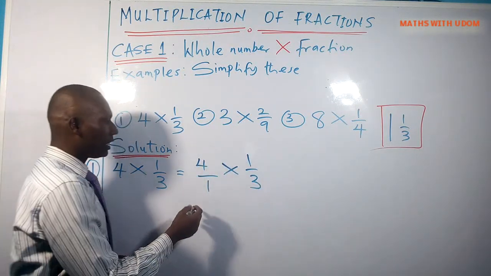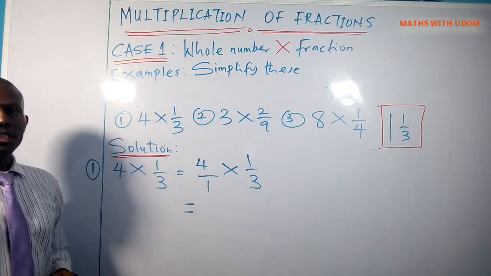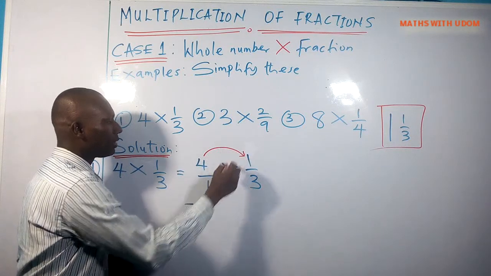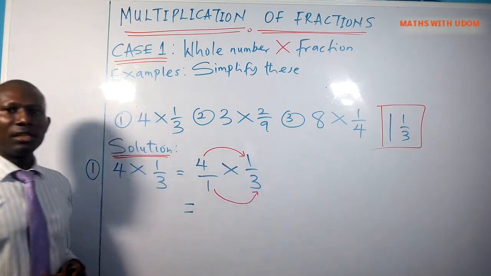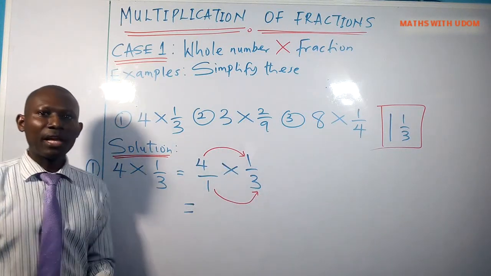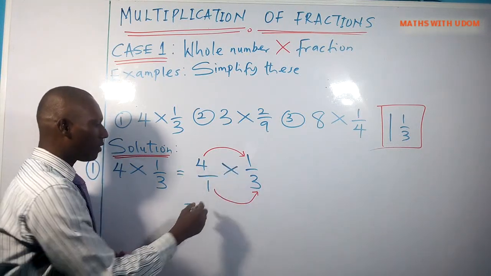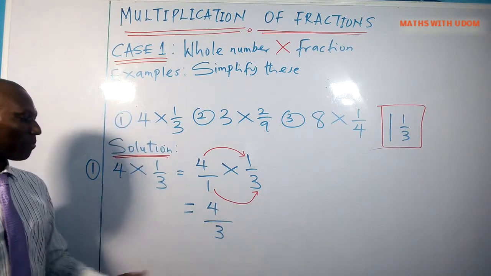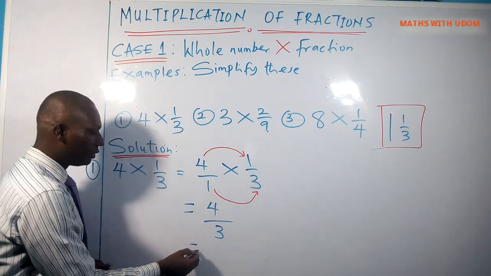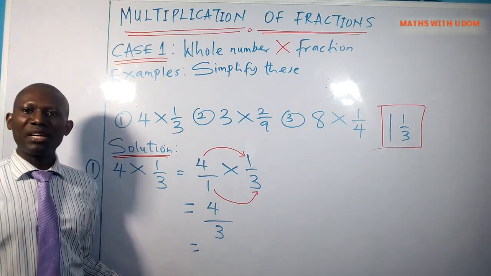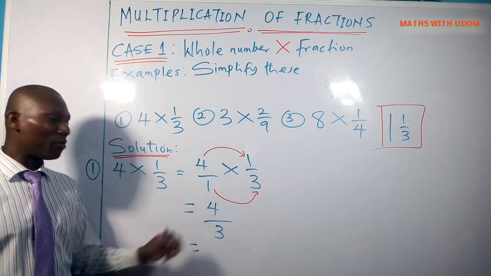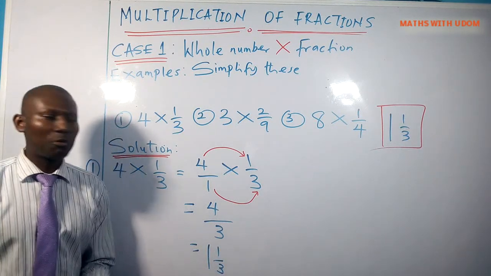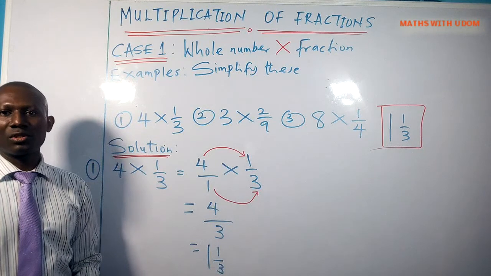So the numerator multiplies the numerator, denominator multiplies denominator. From there, 1 times 4 will give us 4, divided by 1 times 3 will give us 3. This is an improper fraction. So we reduce it to a mixed fraction. How many 3 can go in 4? 1. Remember 1 over 3. As you can see, we got exactly the same result as over there.